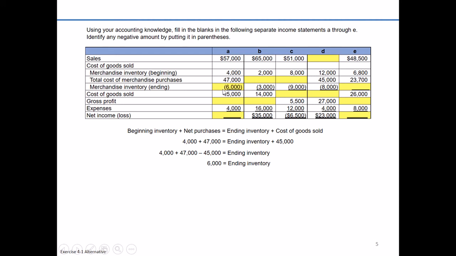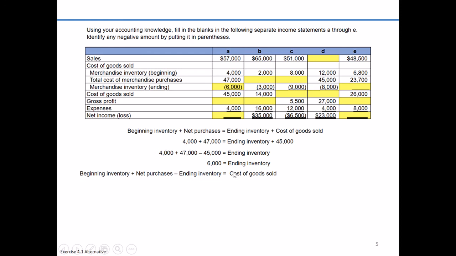You may question, why in the world did you fill this in as a negative number? Parentheses seem to indicate that it's a negative number. Well, let's think about this and go back to our original formula. Beginning inventory plus net purchases have to equal the combination of what we have left in ending inventory or the cost of goods sold.